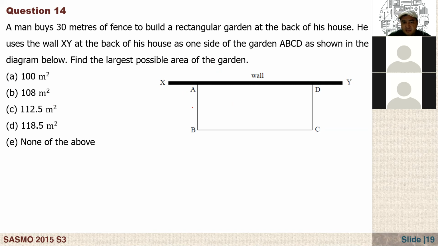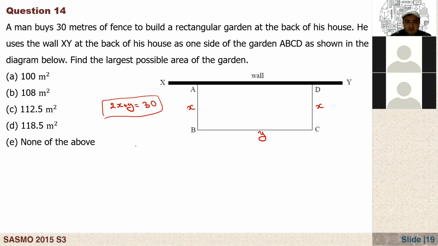So suppose that this side is X, and this one is also X. Here we have Y. And what we know is that 2X plus Y is equal to 30 meters, right? The question is, find the largest possible area of the garden.